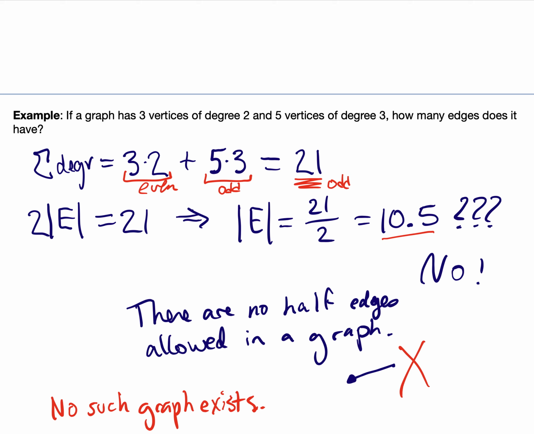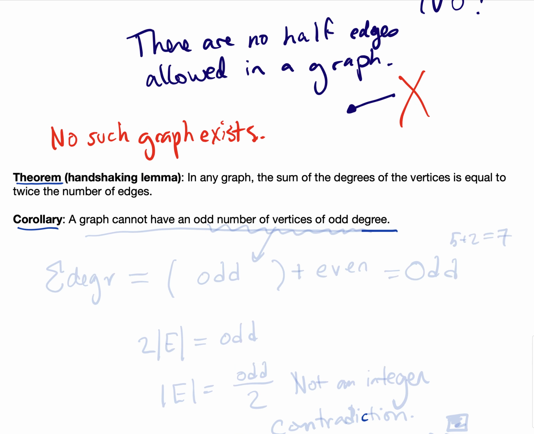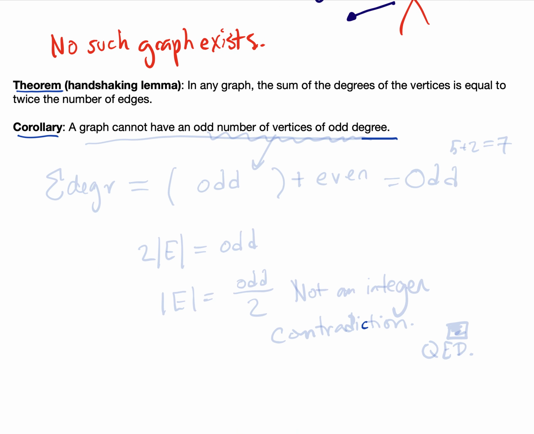So we've come across a corollary to our main theorem. A corollary is a result that follows immediately from some previous result. So in this case, we have figured out that a graph cannot have an odd number of vertices of odd degree. Why is that the case?